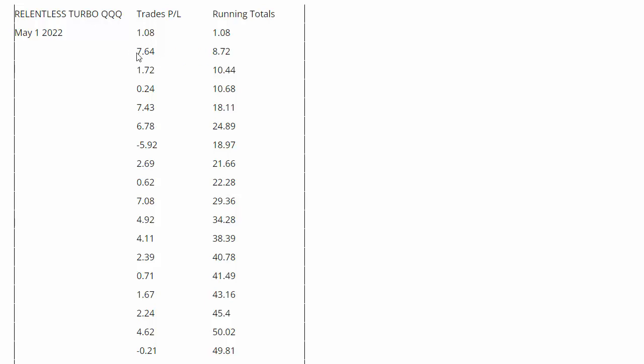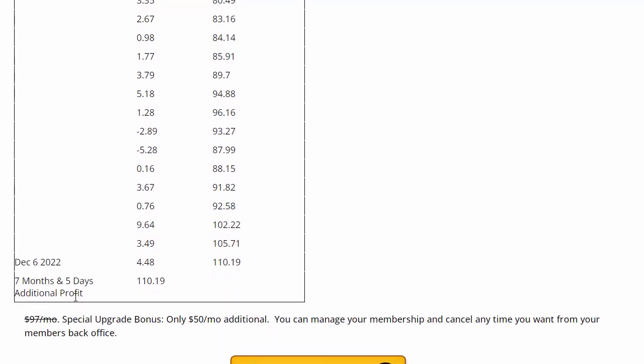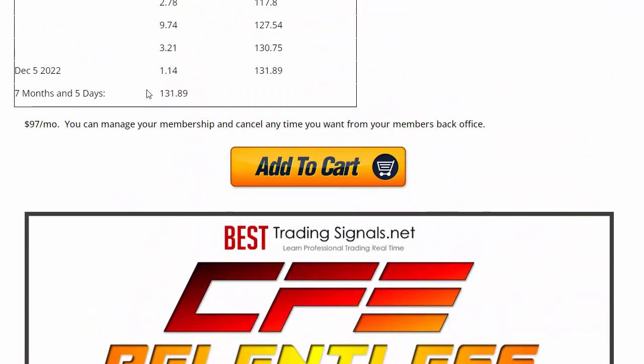Okay, so let me speed this up here. Same thing, profit and loss per trade. And you have the running totals, the ongoing sum of the wins and the losses. And you can see here, 7 months. This is additional profit. So you can add 110 points to 131, so around 241.